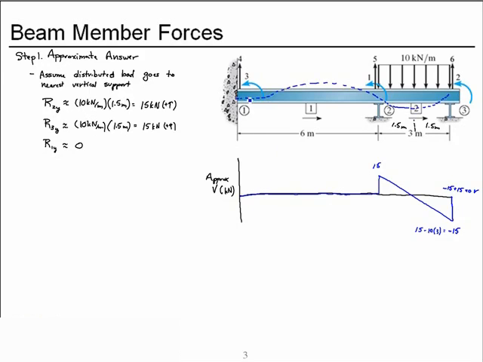Because it's fixed at this end, the slope must be 0, and it's concave up because of the downward distributed load. But in order for this shape to occur, we'll need a downward reaction. So I actually expect a small negative value here. Let's see.